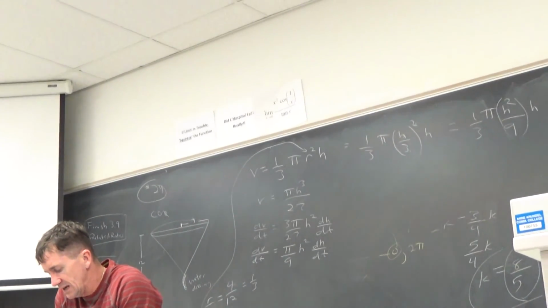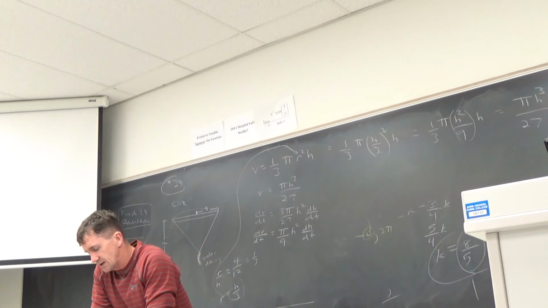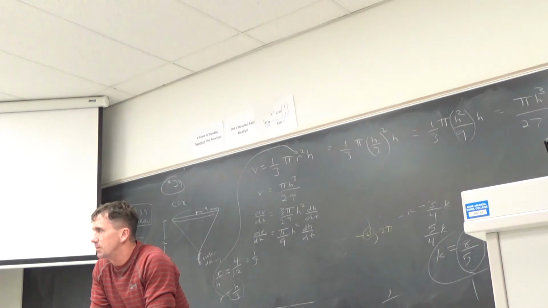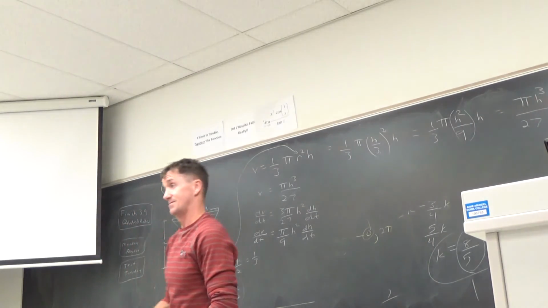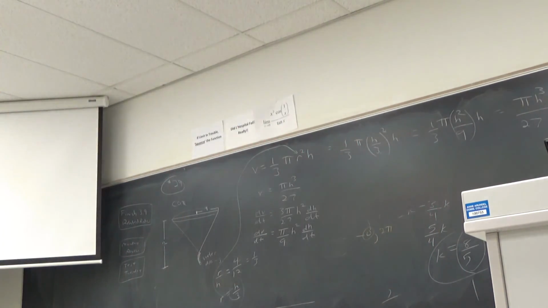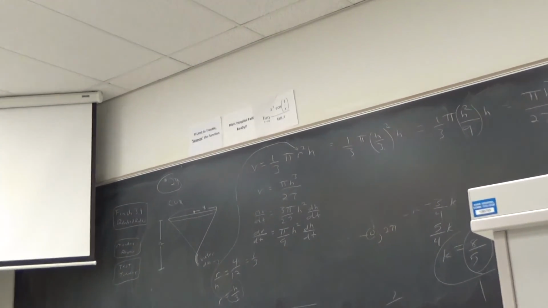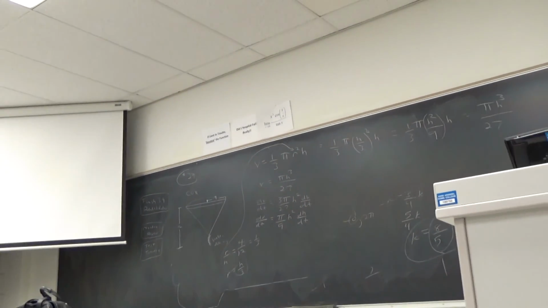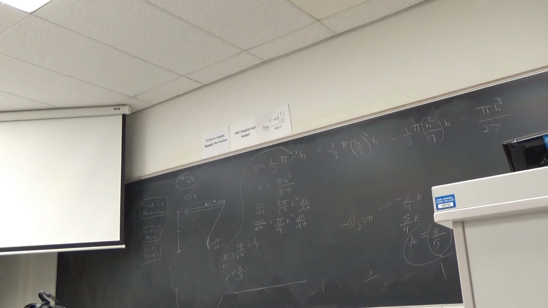The depth h in feet of the water in a conical tank is changing at the rate of h minus 12 feet per minute. Let me say that again. That's a rate of change. They're saying the rate of change of the height with respect to time is h minus 12.